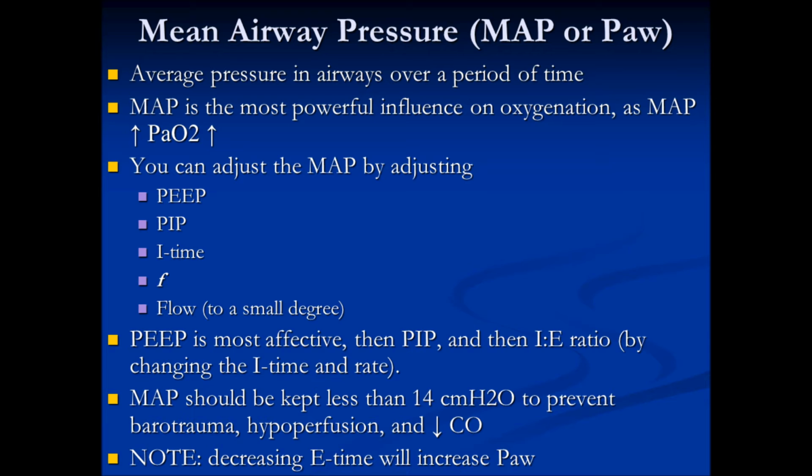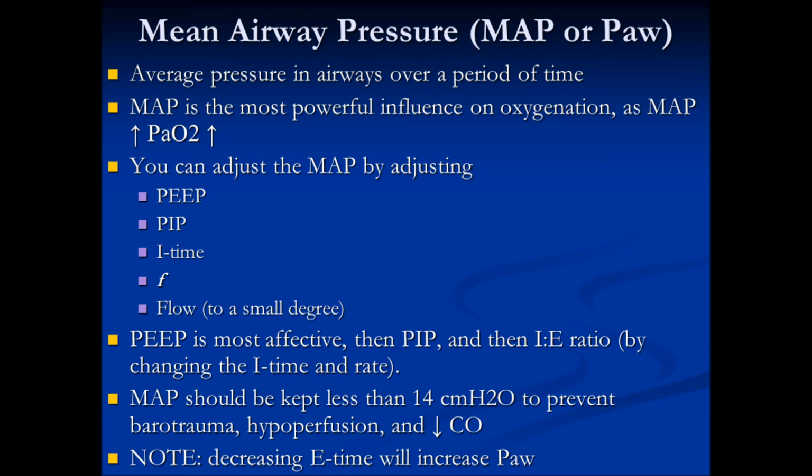It is something that you set other things which will allow you to read your MAP. And then your IE ratio would be the next in line for one of the things that can be most effective on your MAP.